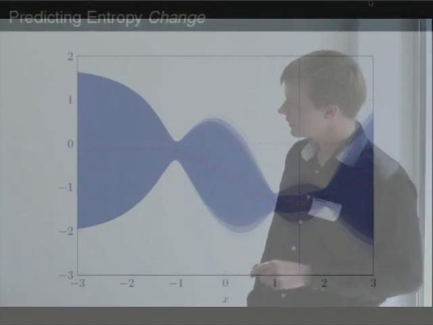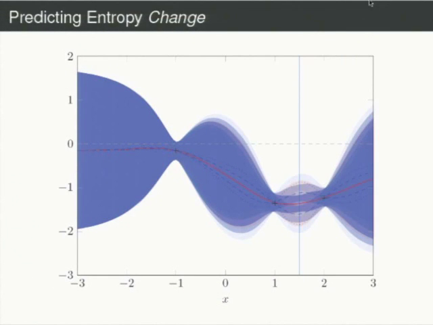We know that there will be a lot of change in this region to our belief, less change over here, very little change over here. And if we evaluate over here, where the heuristic thought that's a good place to evaluate, then we'll get a little bit of change here because we already kind of know the function, and less change here and almost no change over there. So that's the way we're going to think about this.